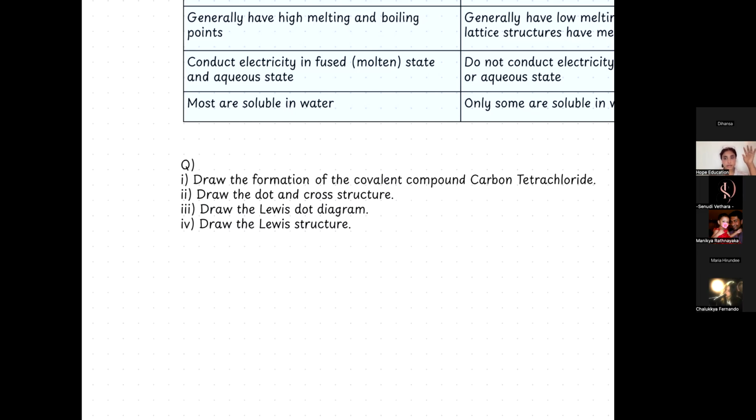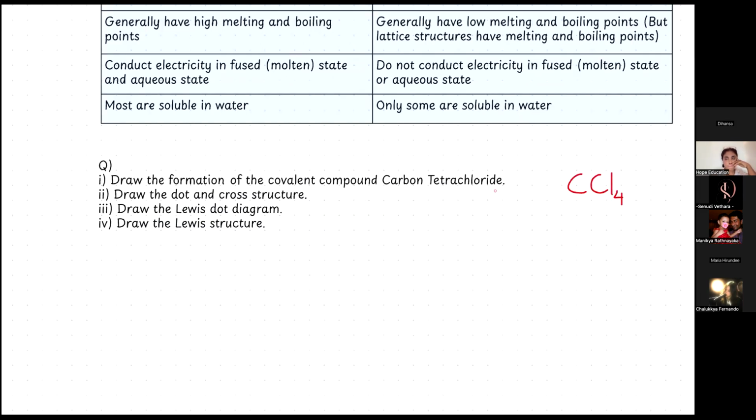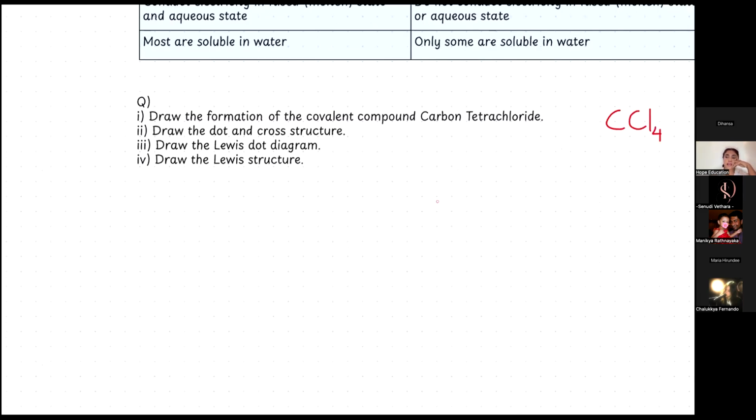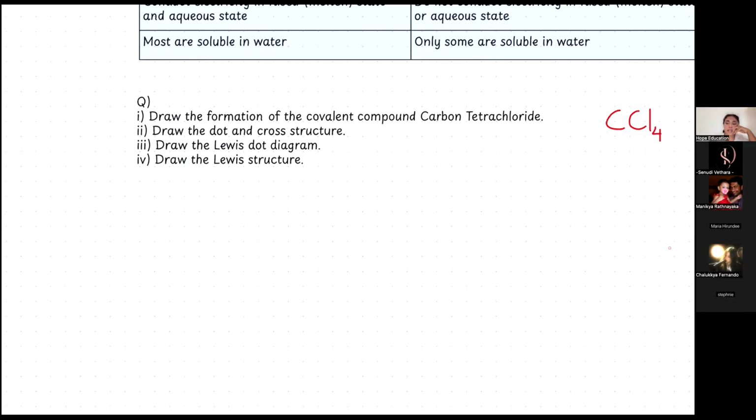Or still doing? Can you all hear me, Lamai? Still doing? Dihansa, Senudi, Ranmihi, Chalukya, Stephanie, what about you?